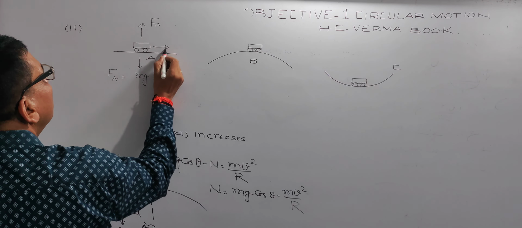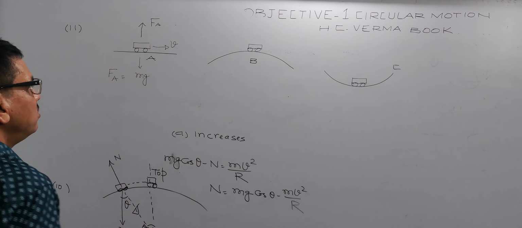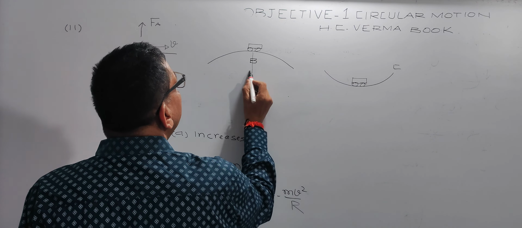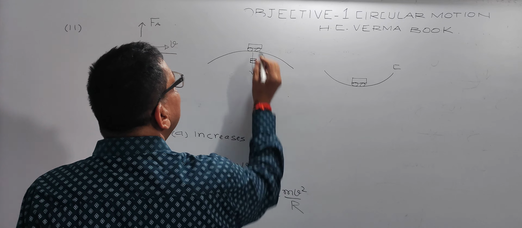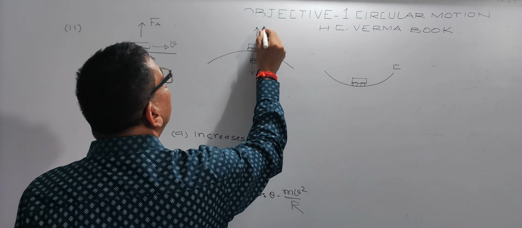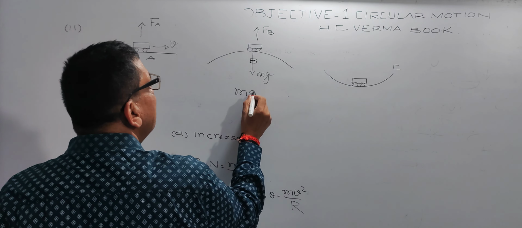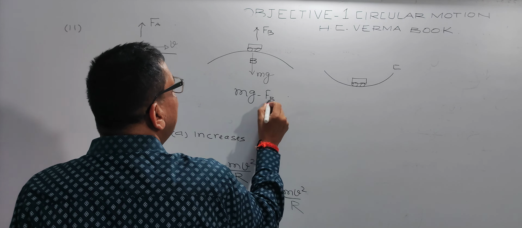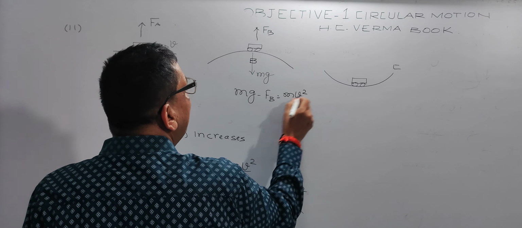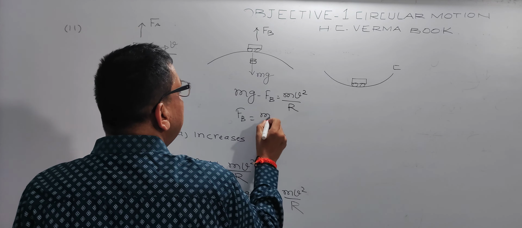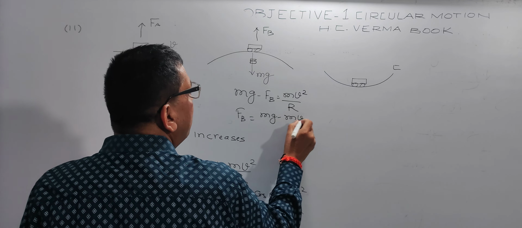If it is moving with v, there is no centripetal force towards the center. Now here you will observe mg is acting in downward direction and Fb is acting up. So you can say the net force acting towards the center is mg minus Fb is mv square by r. So I can say Fb is nothing but mg minus mv square by r.